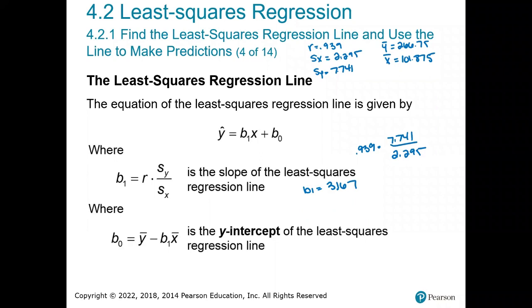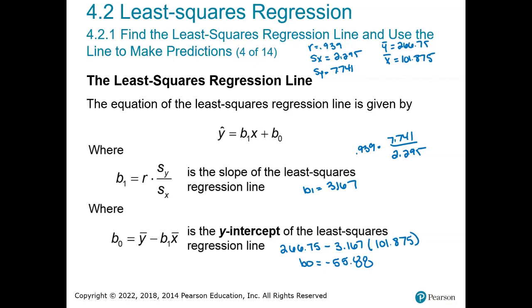The next thing we have to do is calculate our y-intercept. Using our formula, y's mean, 266.75, minus b1, 3.167, times x bar, 101.875. If I type that into my calculator, I get negative 55.88.